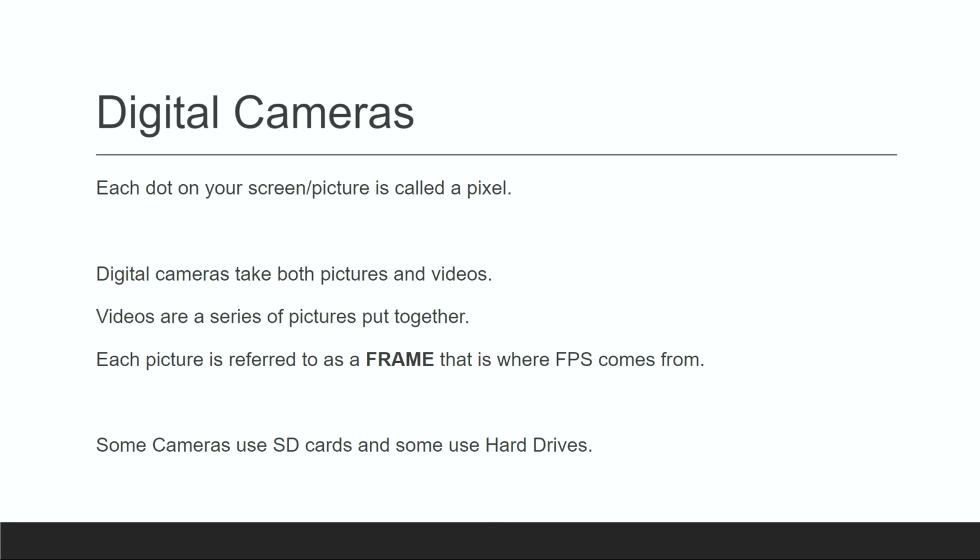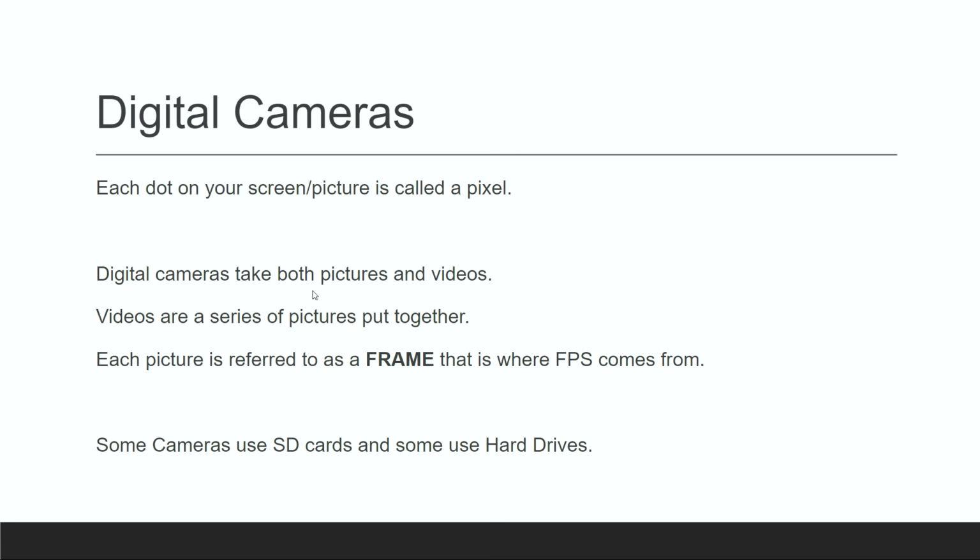So cameras again, we've been over this, but let me quickly go over it again. Each dot on your screen or picture is called a pixel. Digital cameras take both pictures and videos, and again, videos are an illusion. They're essentially multiple photos being shown in sequence really quickly. 30 frames per second means 30 photos per second.